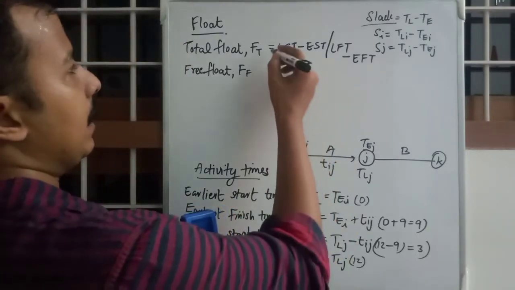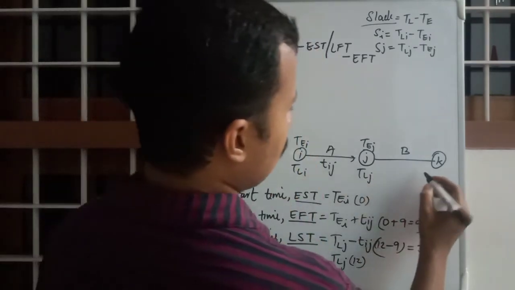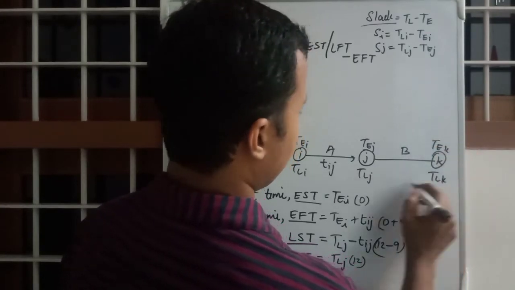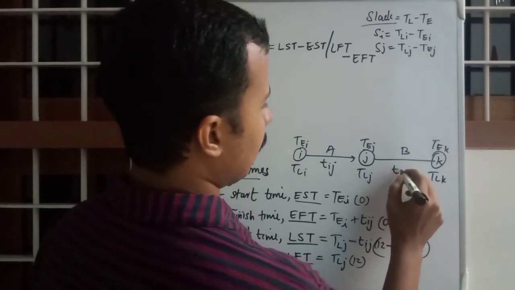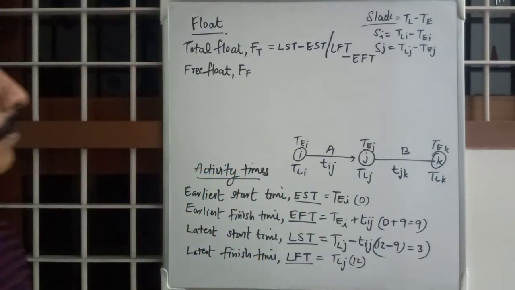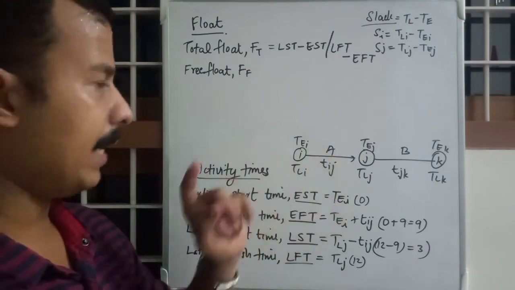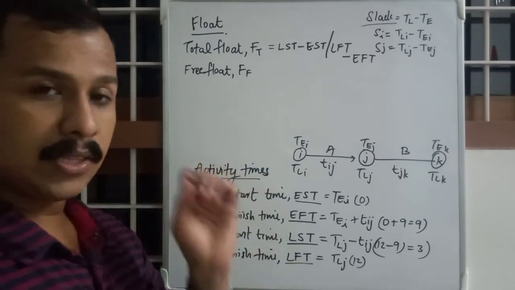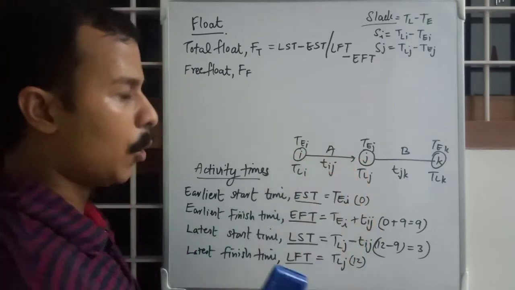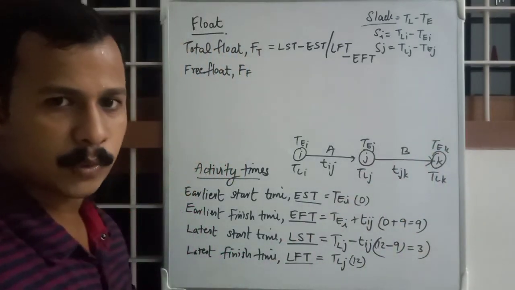So obviously free float will be lesser than total float. Okay, so for B, I will just name this TEK and TLK, and the duration can be named as TJ. Okay, so considering activity A, free float is the delay value by which A can be fluctuated without affecting this activity B. Okay, that is free float.